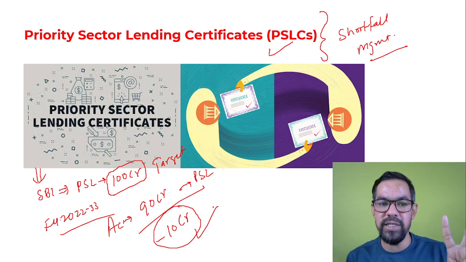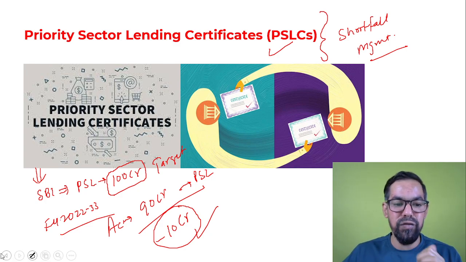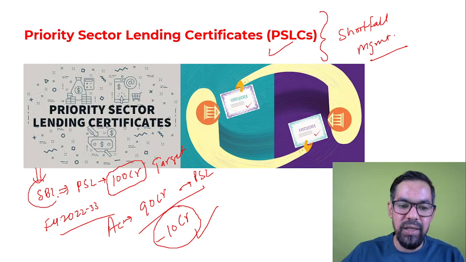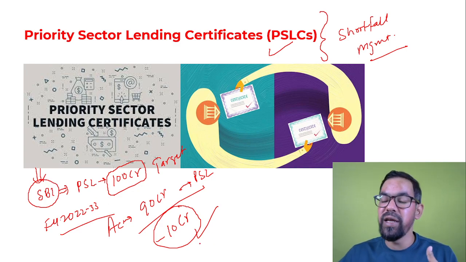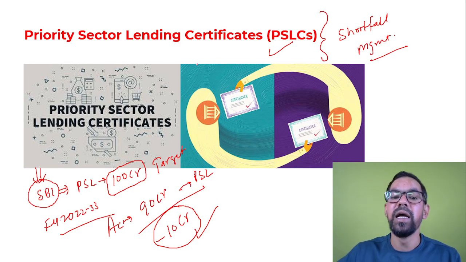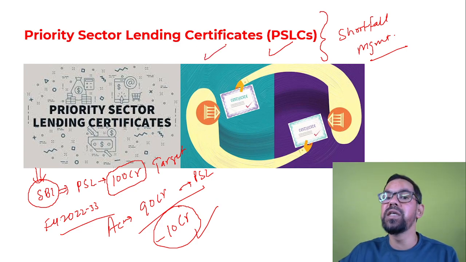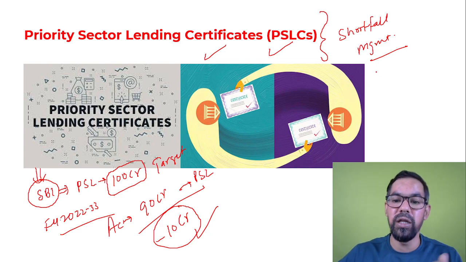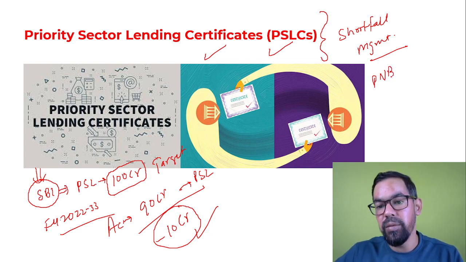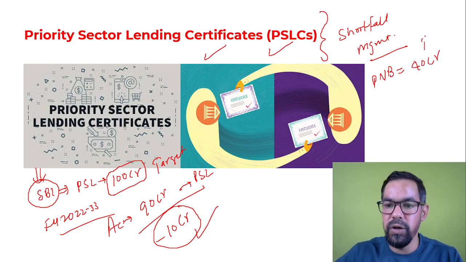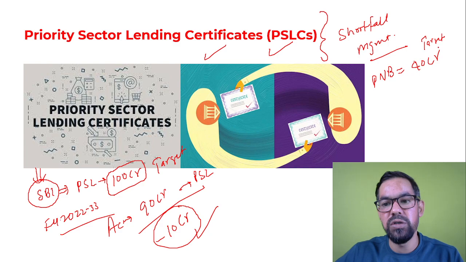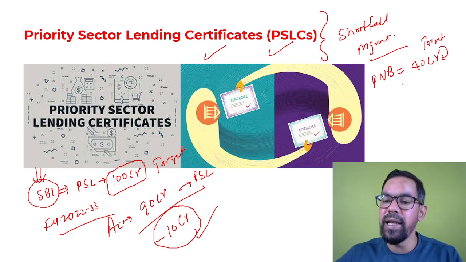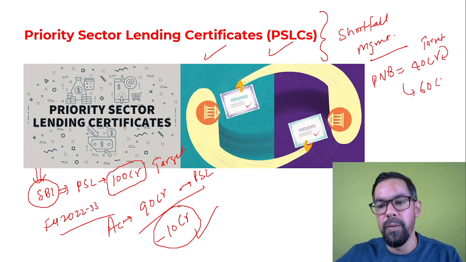So State Bank of India can achieve the remaining 10 crore rupees in two different ways. First one is they can buy a PSL certificate from another bank. Let's say there is another bank, PNB. PNB's target for the same financial year was, suppose, 40 crore rupees, and they lent 60 crore rupees in PSL.